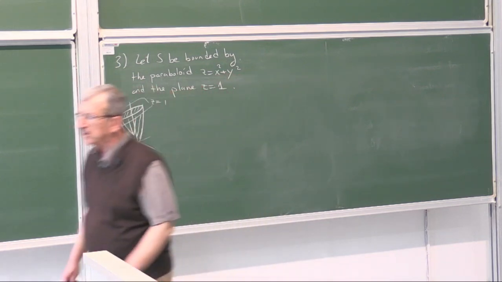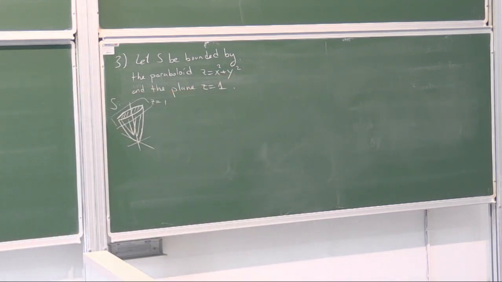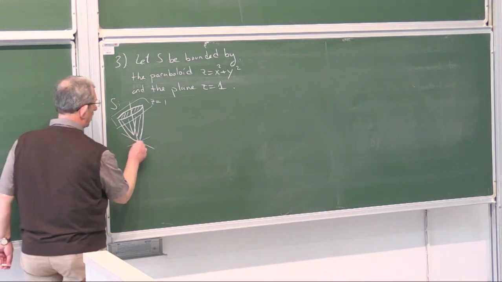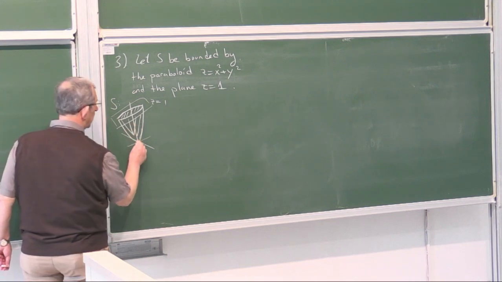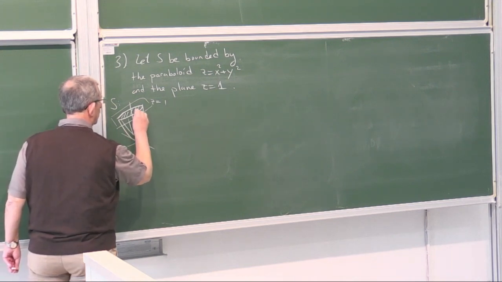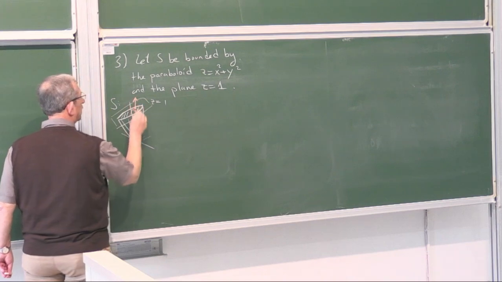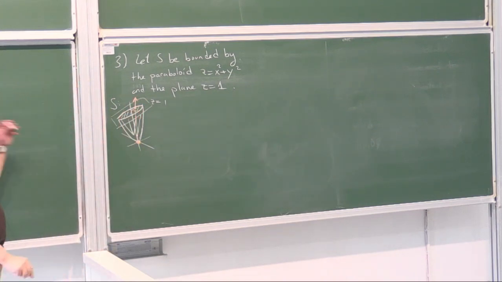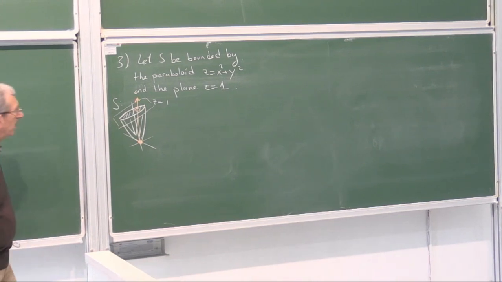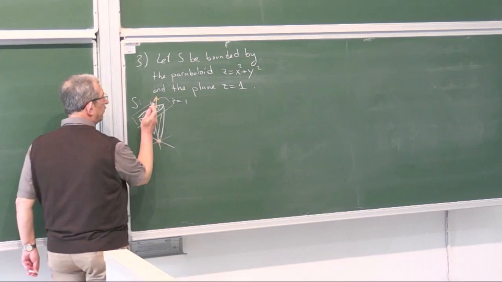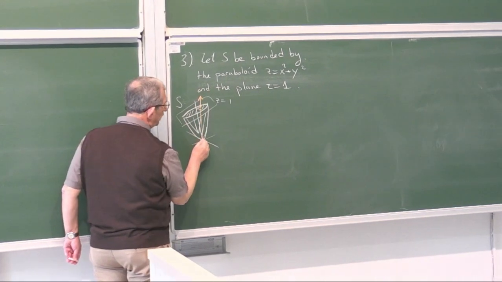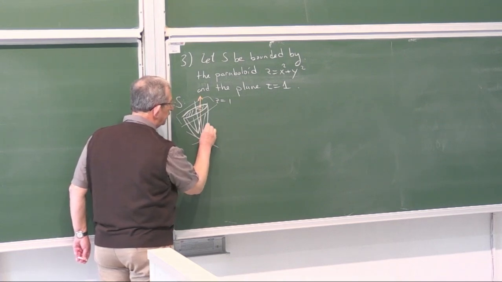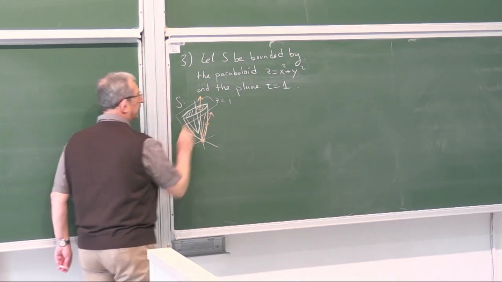Now, when we start from the origin, clearly we are inside the S and we move up to the plane and go out. But this is not the same all the time. For example, if you make your angle a little bit larger than this one, then you start from here, but you leave from here.